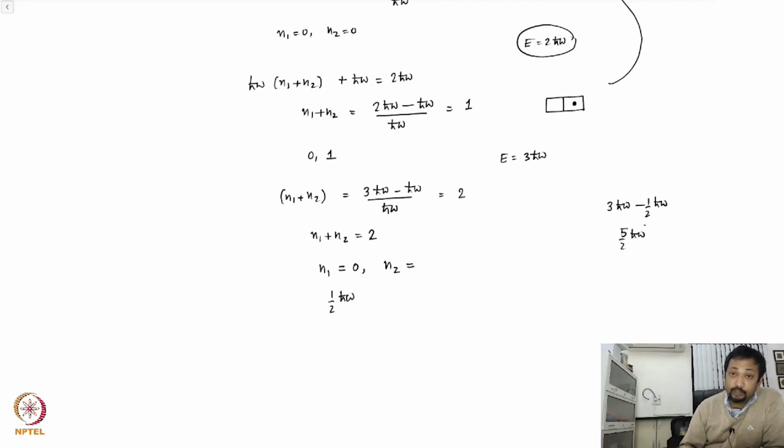So I have to place n2 in a level whose energy is going to be 5 by 2 h bar omega, and that happens when n2 is equal to 2.